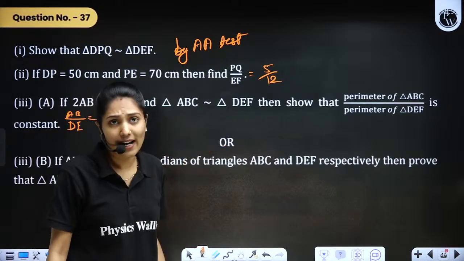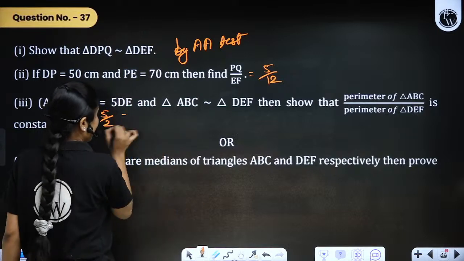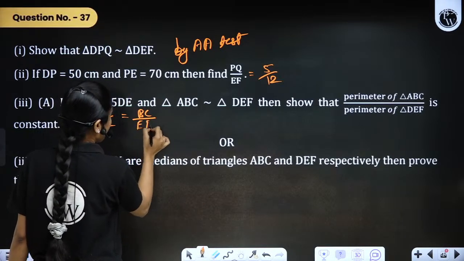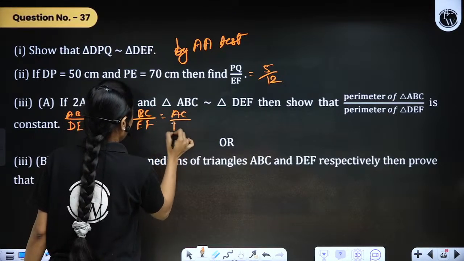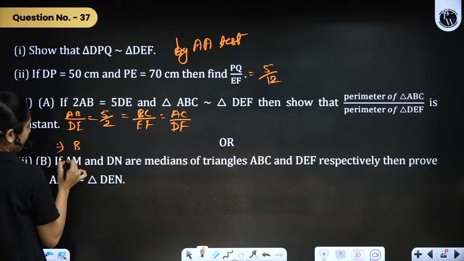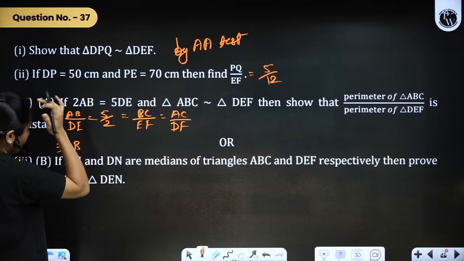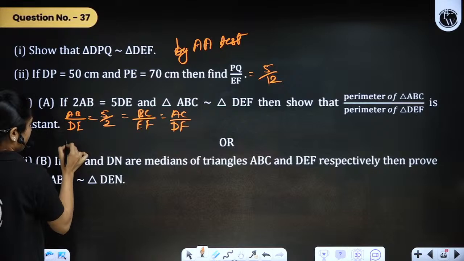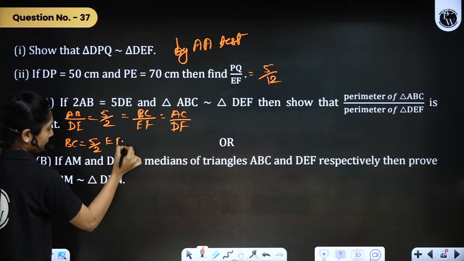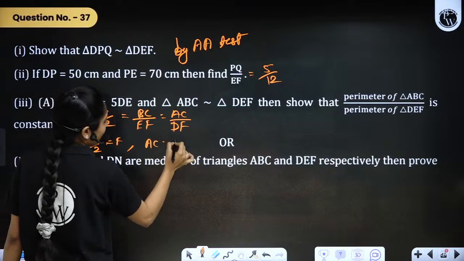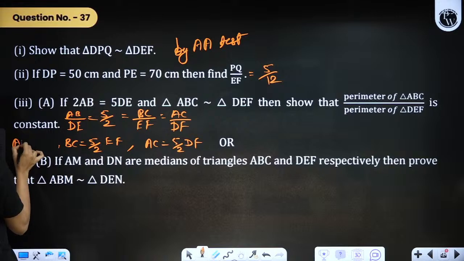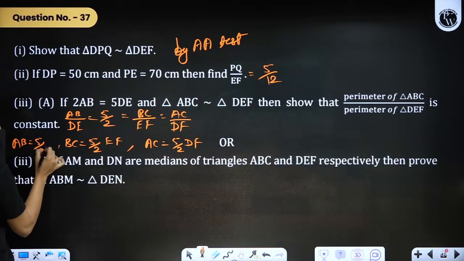Since these two triangles are similar, it is equal to BC upon EF, equal to AC upon DF. So BC is 5 by 2 times EF, AC is also 5 by 2 times DF, and AB is 5 by 2 times DE.